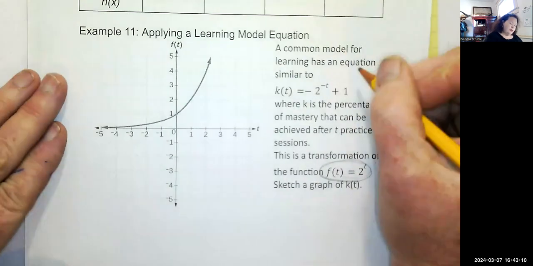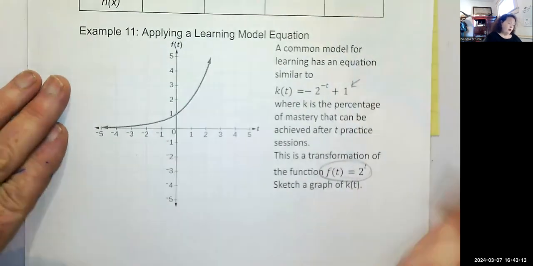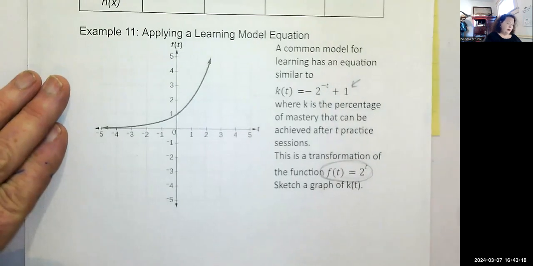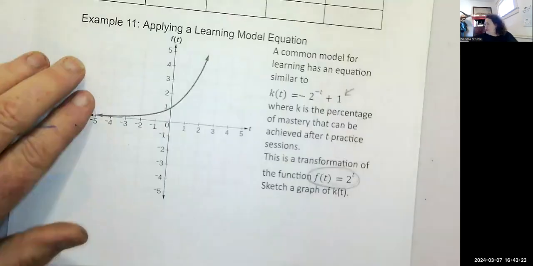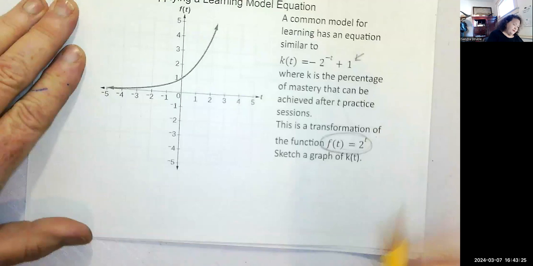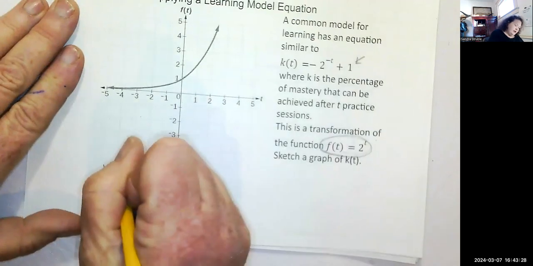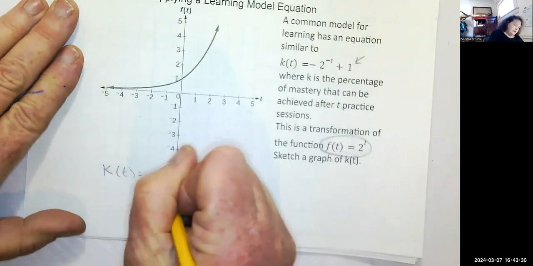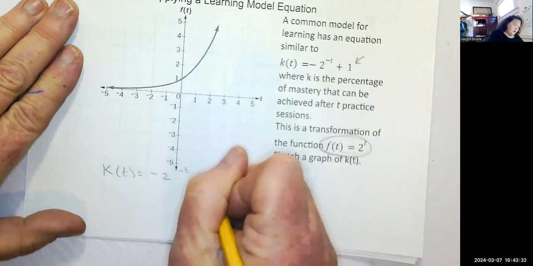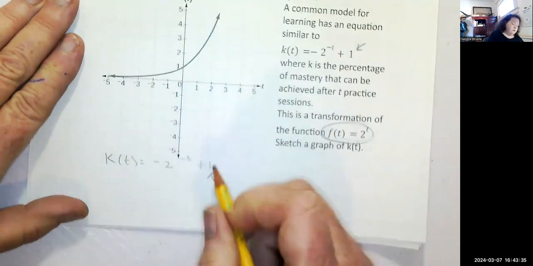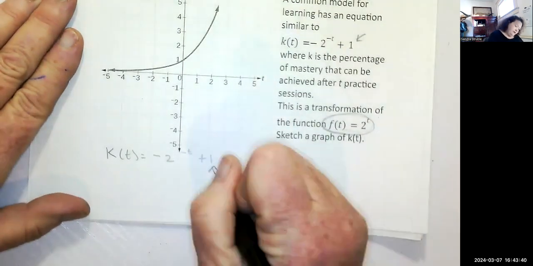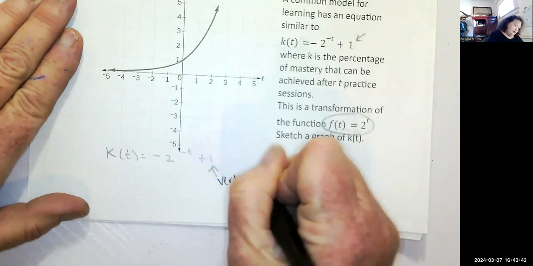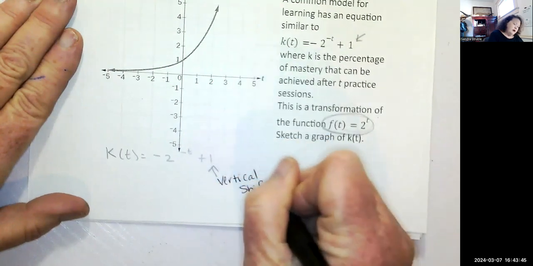Okay, so this plus 1 means that we're going to have a vertical shift, and it's going to shift up by 1. So let me show you something here. Let me go over each of these individually. We do have K of t is -2 to the negative t plus 1. The plus 1 is a vertical shift up 1.